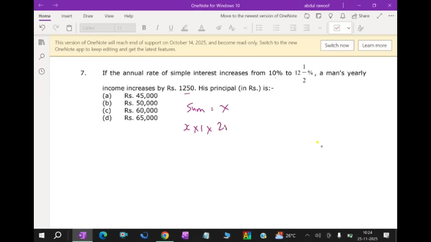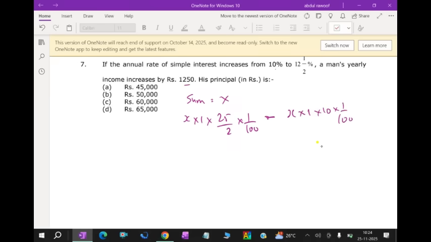For 1 year, the interest at 12.5%, that is 25 by 2, into 100, is PTR over 100, minus the interest before the increase, x into 10 into 1 over 100.